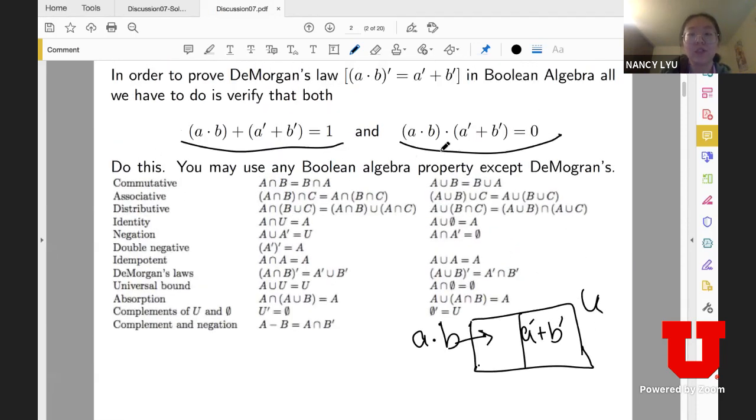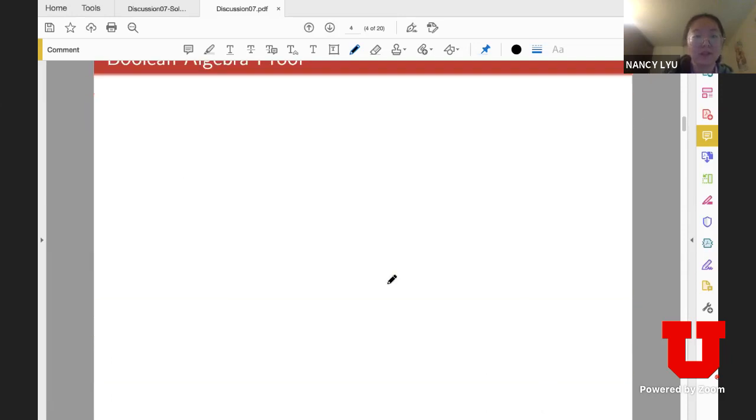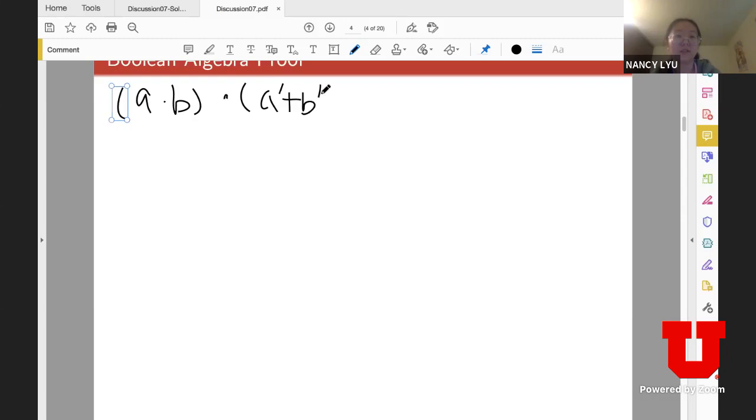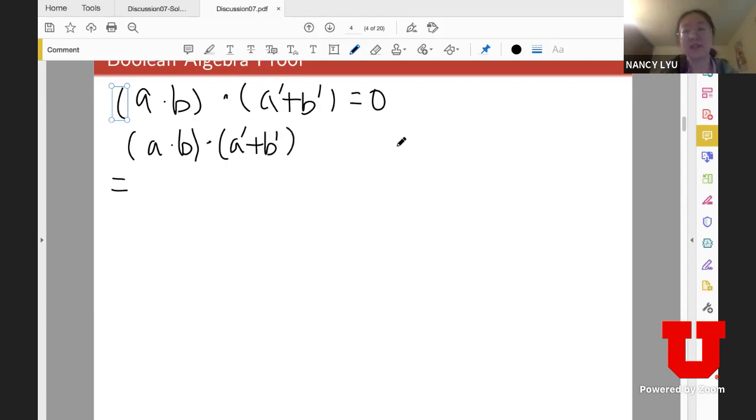Which is that the intersection of these two is empty. So A dot B. Okay, so we want to prove this. And we start with, what is the first step we're going to do in this one?